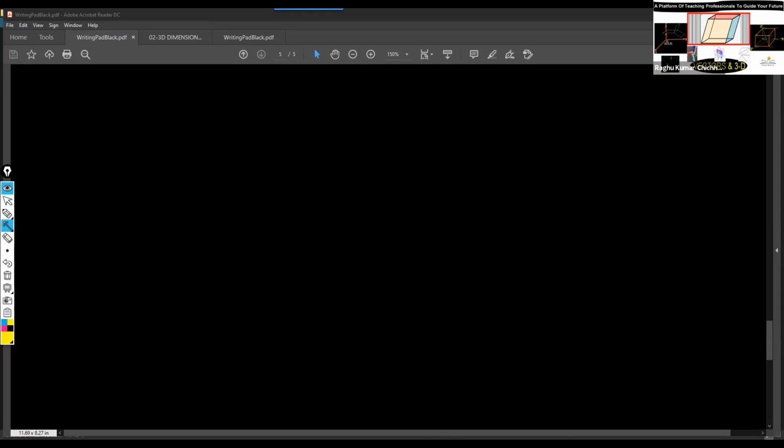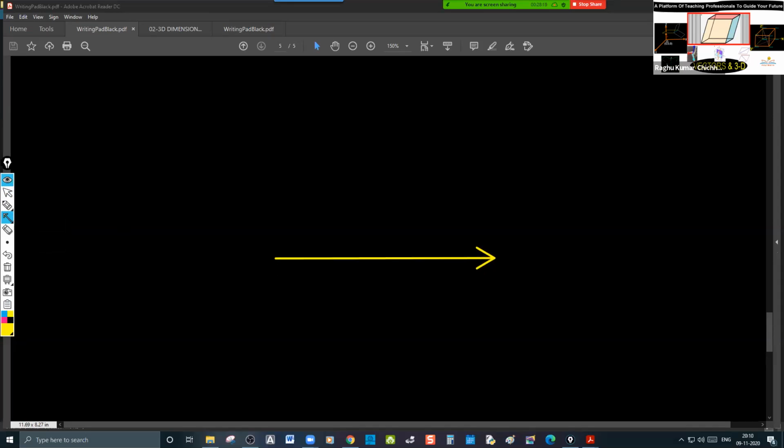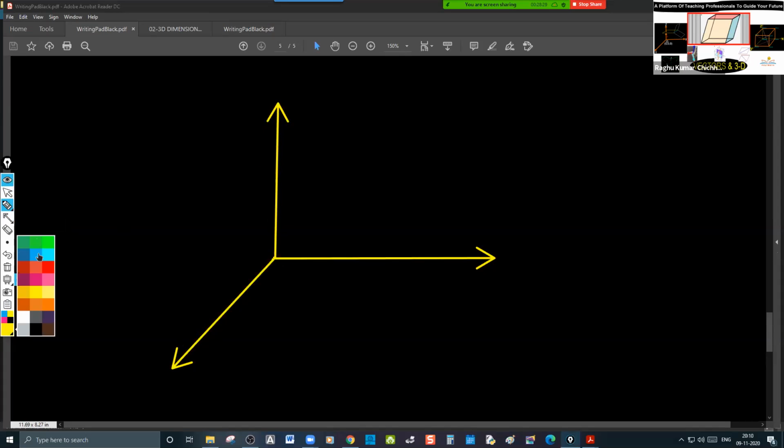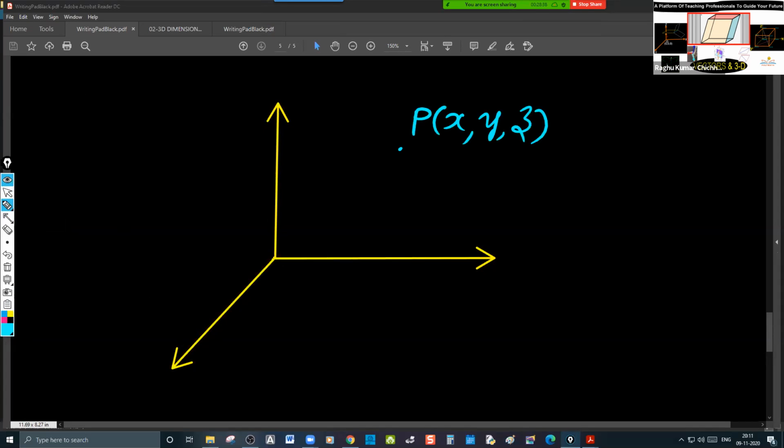If you have a point in the space, for example, this is the x-axis and y-axis, and this is the z-axis. Now, if you take any point here in the space, for example, I'm taking a point P(x, y, z), and I want the distance of this point from the x-axis.